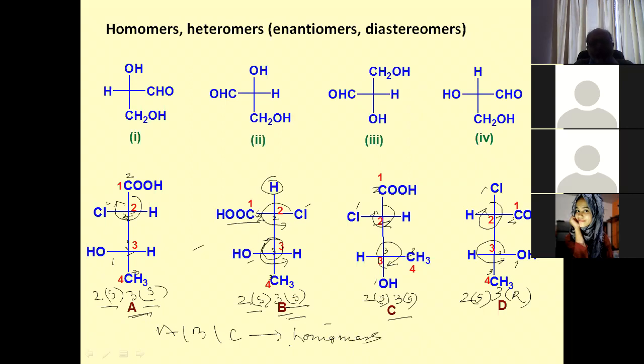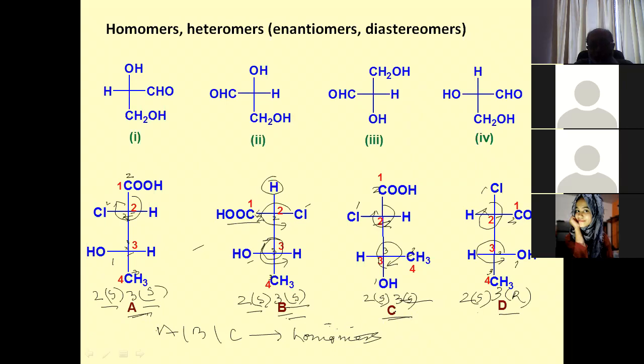All right. Then what about C and D? Suppose I say C and D. Diastereomers, sir. C and D are diastereomers, not enantiomers. For the enantiomer of C, what should it be? C should be 2R, 3R, right?